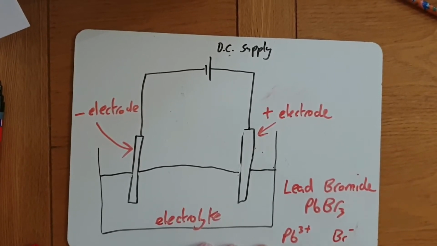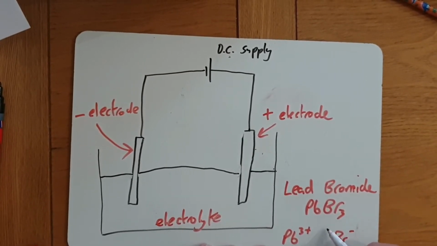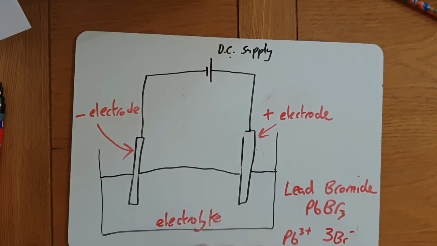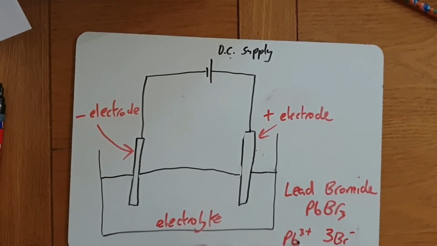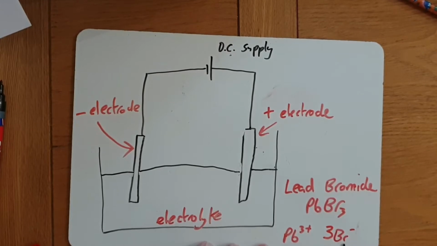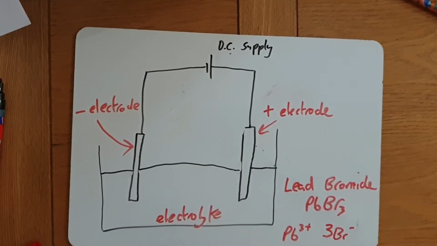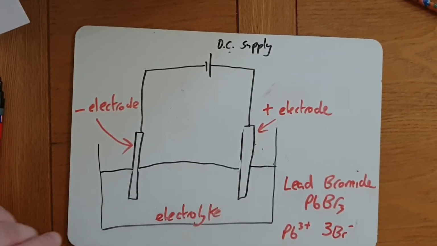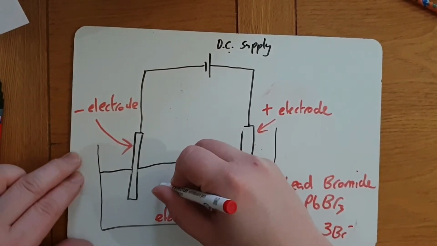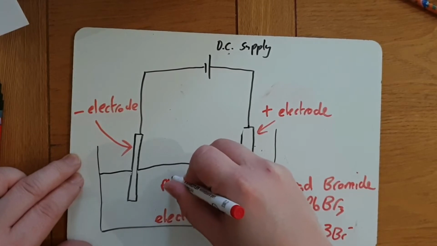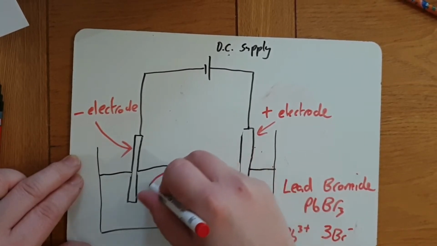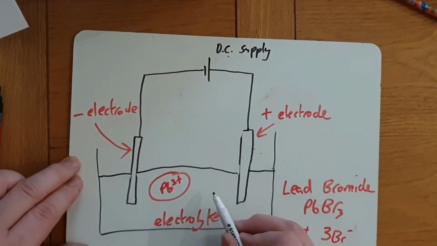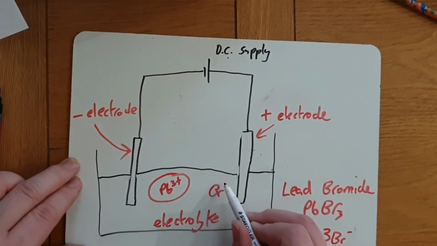Then we need to balance those charges, so there's 3 of them, which means we've got 1 ion that's Pb3+, and 3 ions that are Br-. So our electrolyte is lead bromide, which means in this we have got lots of Pb3+ ions, and we've also got some Br- ions in there.